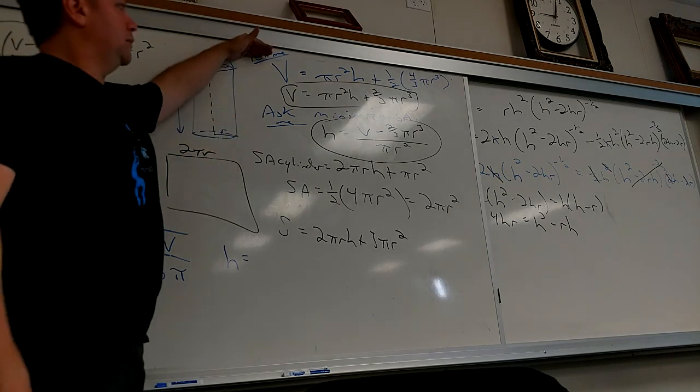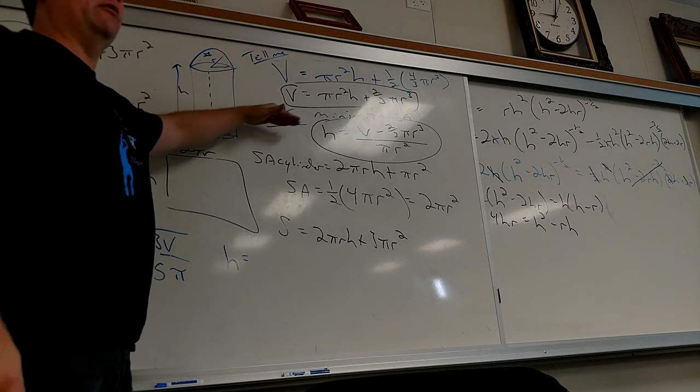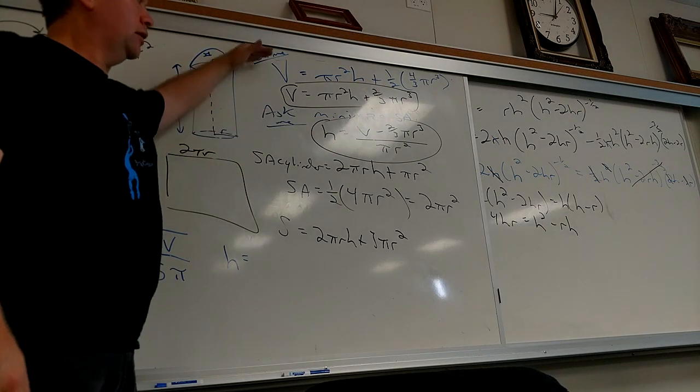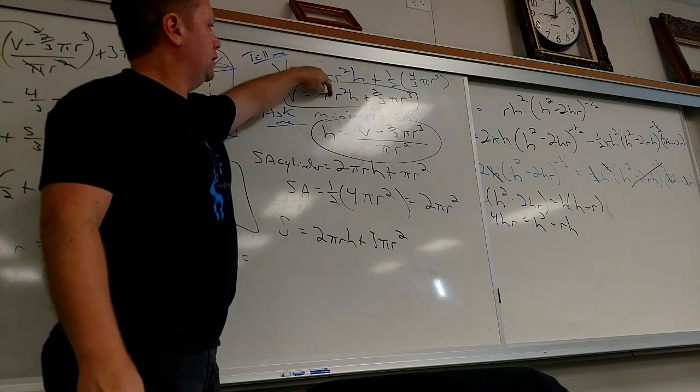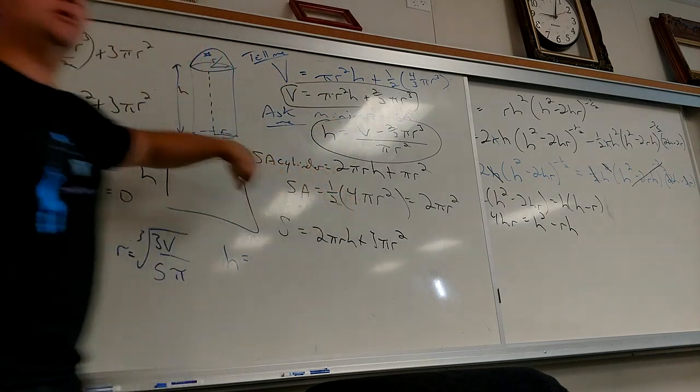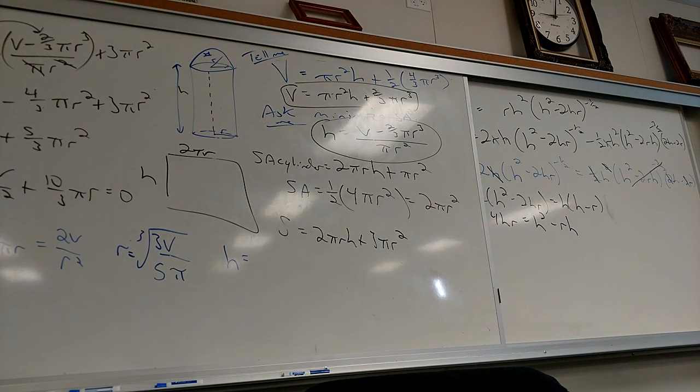They told me something, they asked me something, I write the equations for both, and then I use what they tell me in what they ask me. So now I've constructed a surface area formula. I can attack it, figure out the minimum surface area.